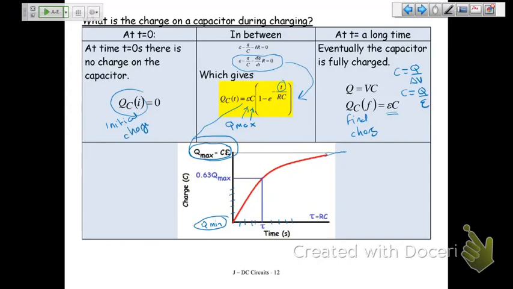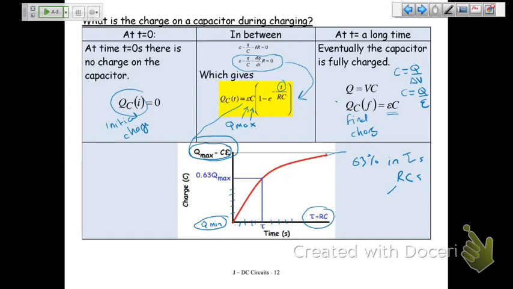That's what we call the time constant, tau. If you want to know how quickly the capacitor will charge up, you can say it gets to 63% of full charge in tau seconds. What's tau seconds? It's going to be R times C seconds.